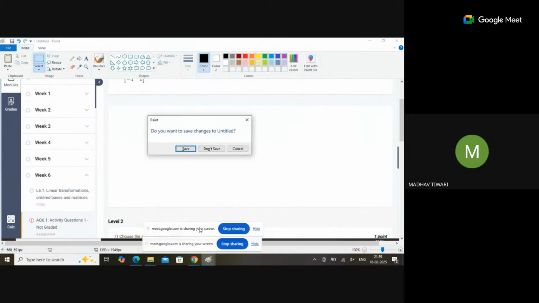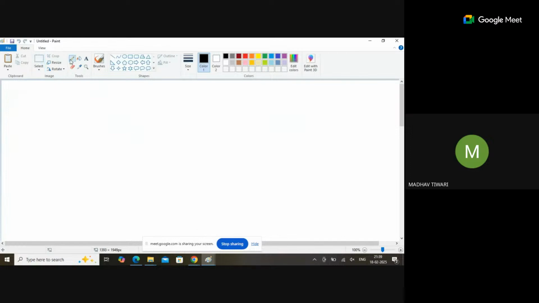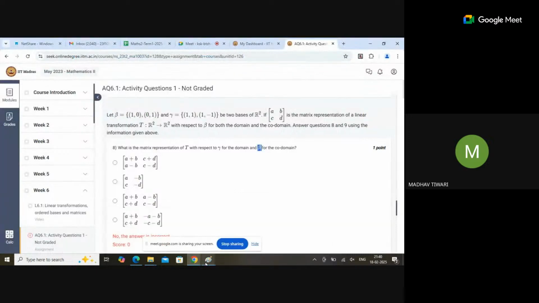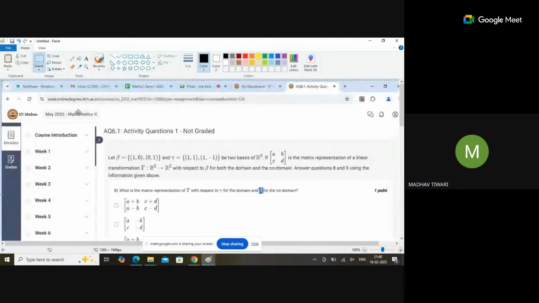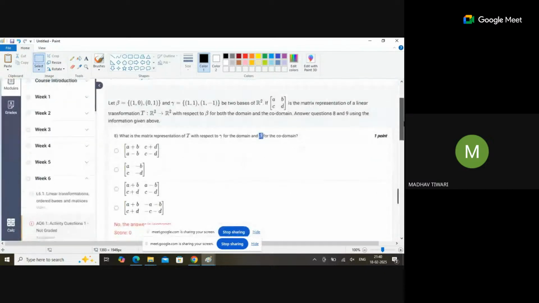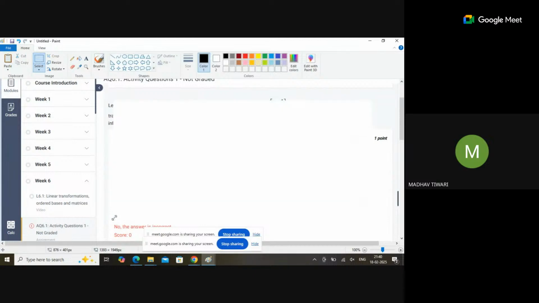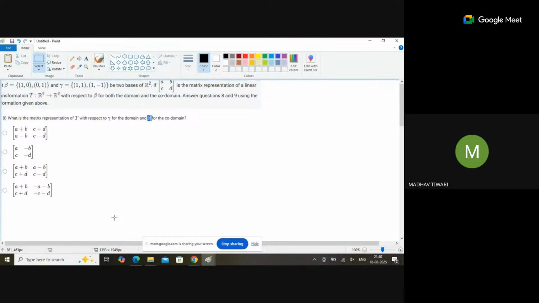So let's take a new page. Let me print it. That will be okay. So if I paste it here, let's use beta for the codomain and gamma for the domain. It is the matrix representation.